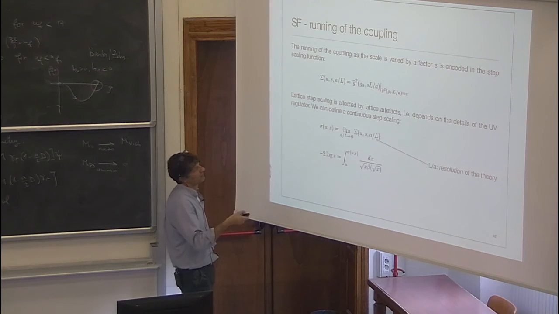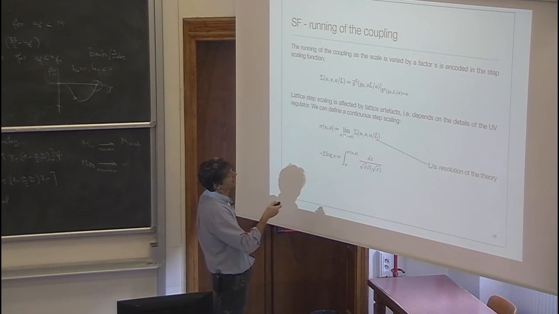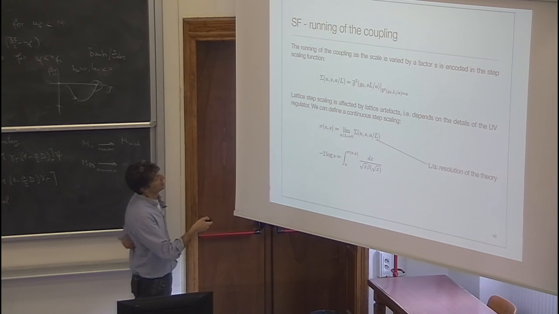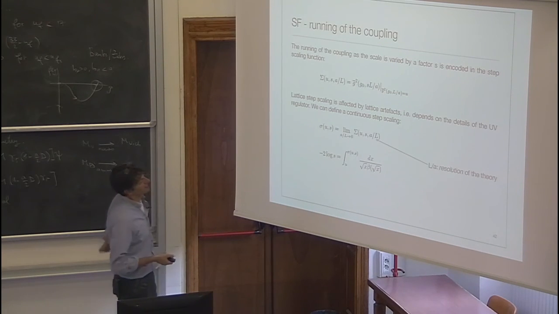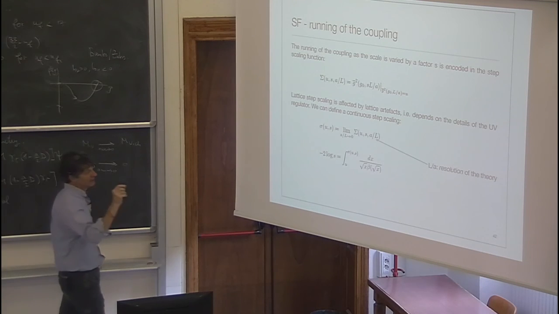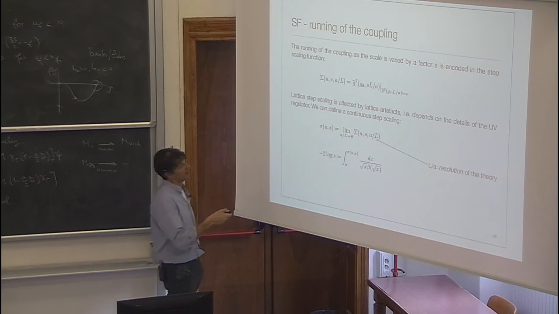So you perform multiple measurements of this capital sigma until you can take the limit where a over L goes to 0 in a controlled way, where the extrapolation is sufficiently well defined by the data.